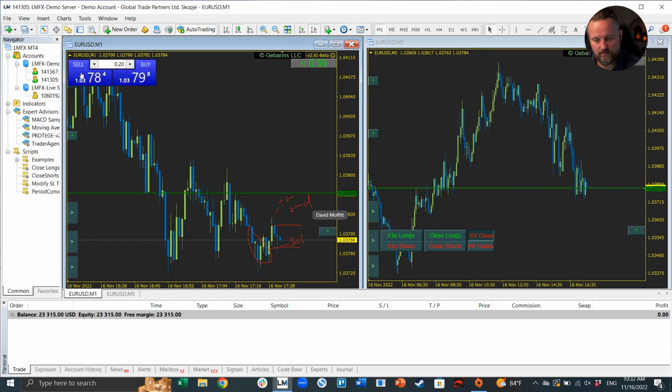If it fails to test that and breaks through here on the other side of the 50%, that's where you could get into sells for a test of this low. And I wouldn't go heavy on this just because of your risk versus reward situation. Since you don't have any trades on right now, you're really waiting to see what it's going to do. Remember, this is the second test.